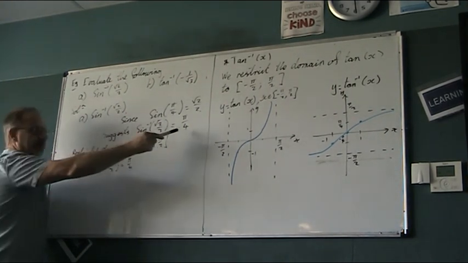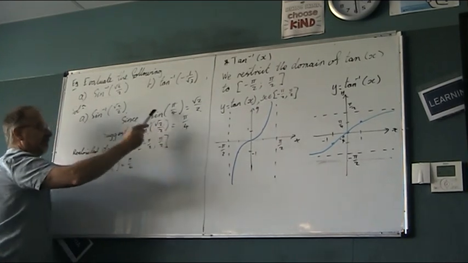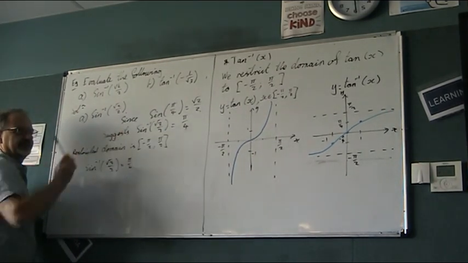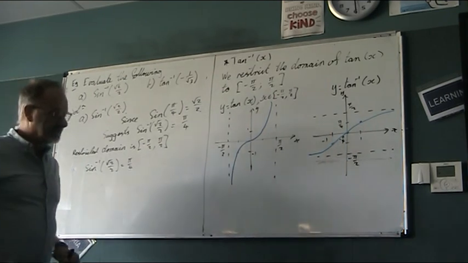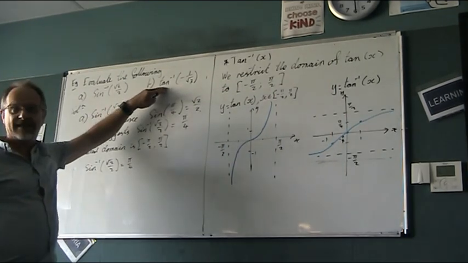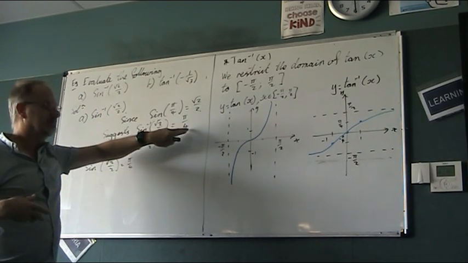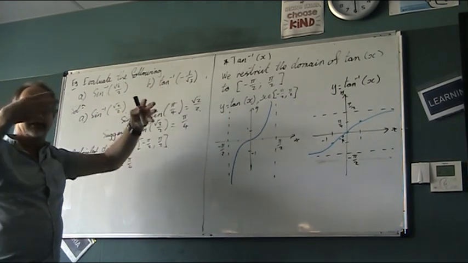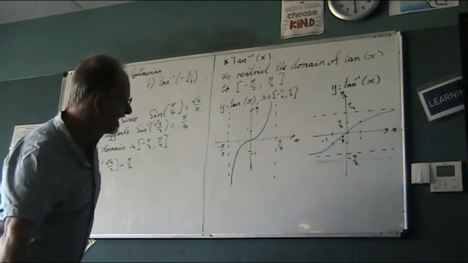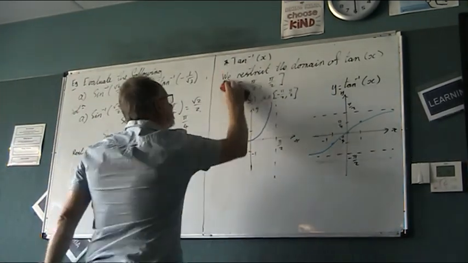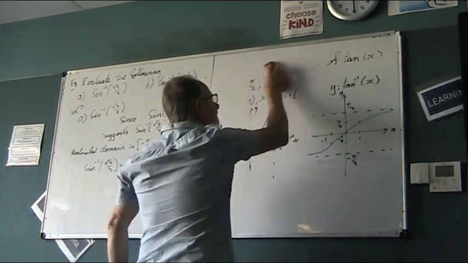We've got to make sure that this number fits into the restricted domain for sine. So the answer we get, this bit that we give, has to fit into that restricted domain. And so that's what we'll have a look at now.